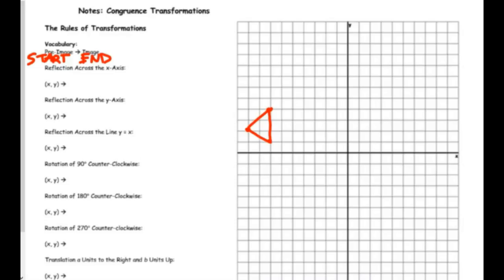If I'm going to reflect across the x-axis, the rule is (x, negative y). You can write that down.